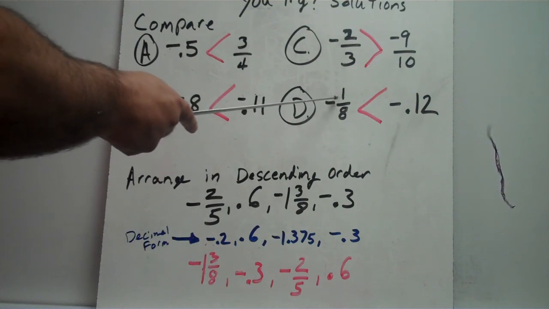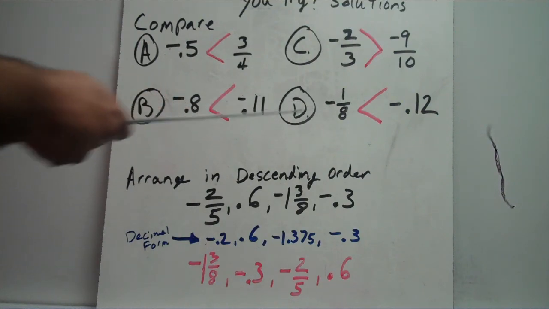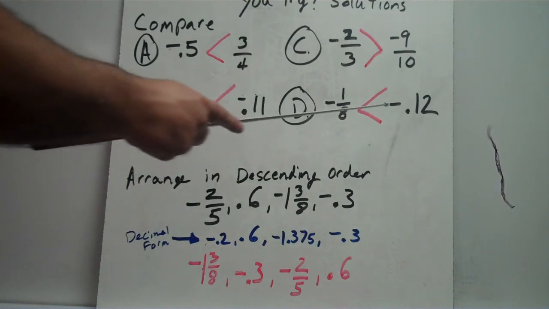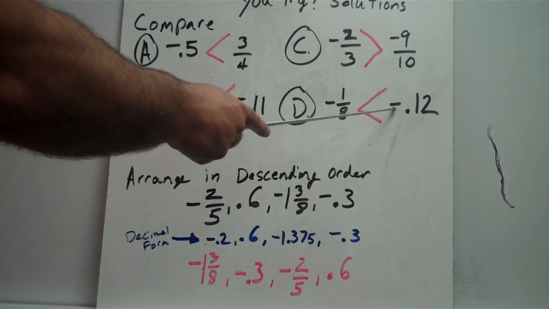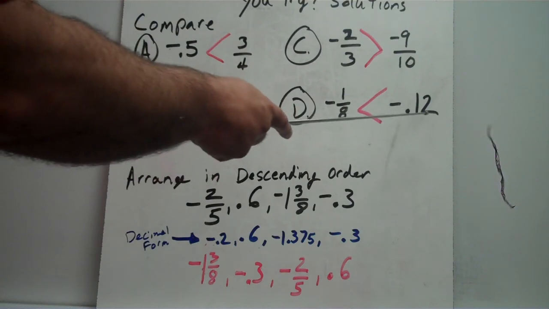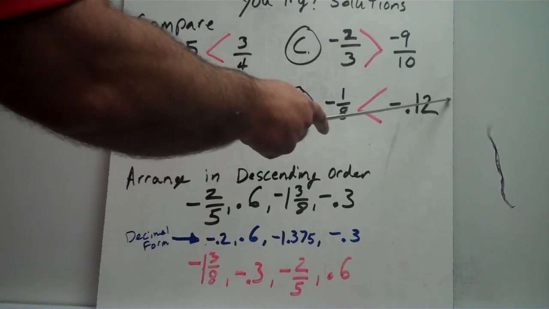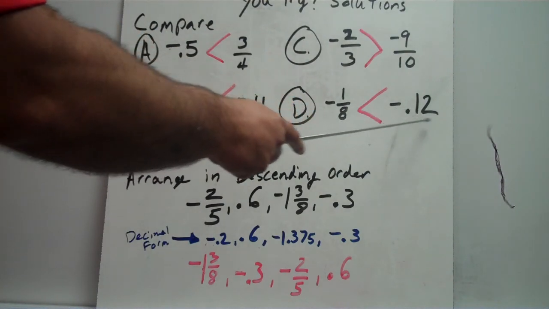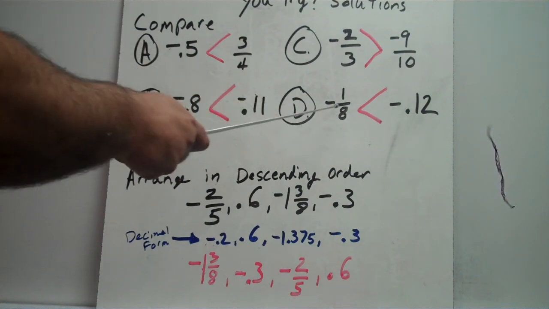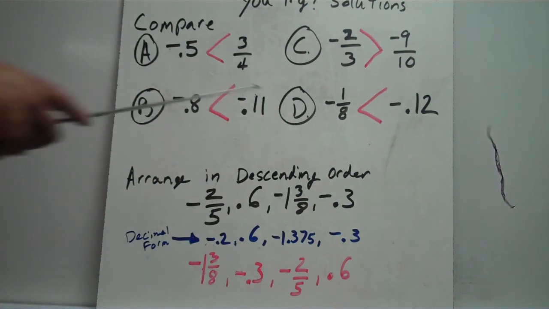That's because if you convert negative 1 1/8 into a decimal, it is negative 1.25. And then this would be negative 0.12 or negative 12/100. Really what happens is because this is a 0 here, this is a larger number, and it is closer to 0 than negative 1.25.